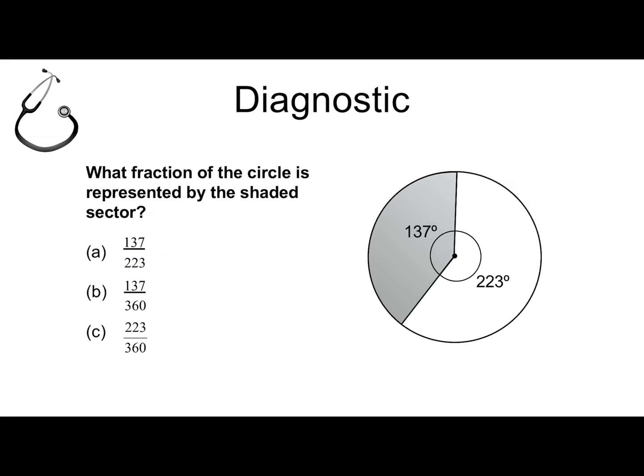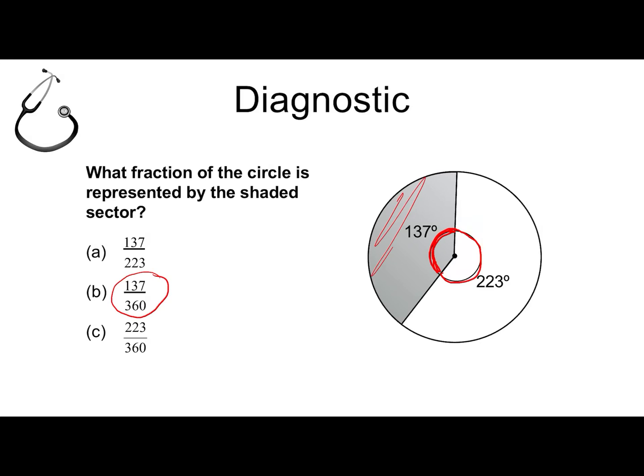Okay, what fraction of the circle is represented by the shaded colour? It's the angle of that sector as a proportion of the entire way around the circle. So 137 over 360.